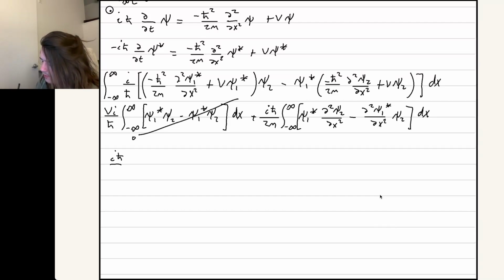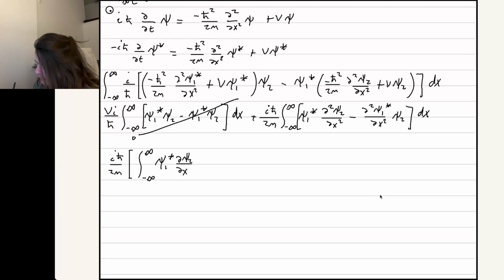So you'll have i h bar over 2m, open a bracket, and then the integral from minus infinity to infinity of psi 1 star del squared psi 2 del x squared dx, minus the integral from minus infinity to infinity of psi 2 del squared psi 1 star del x squared dx.